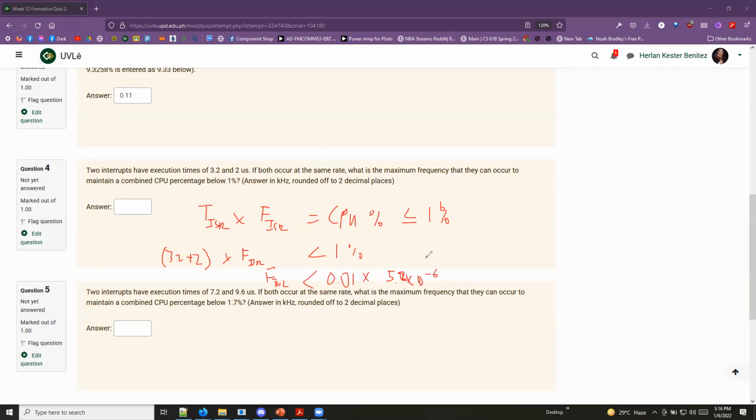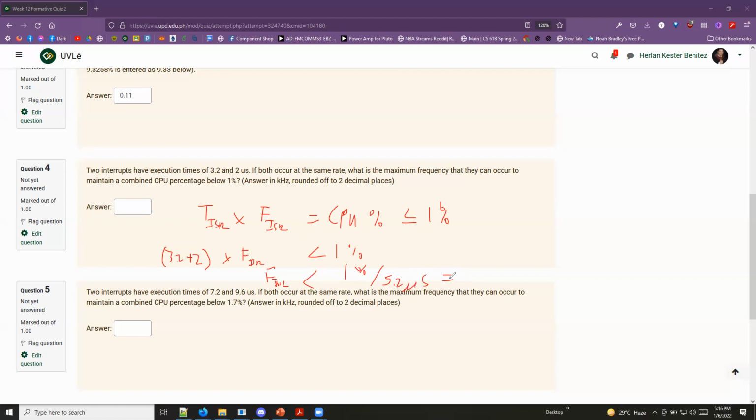So let's redo it. The 1% divided by 5.2 microseconds.